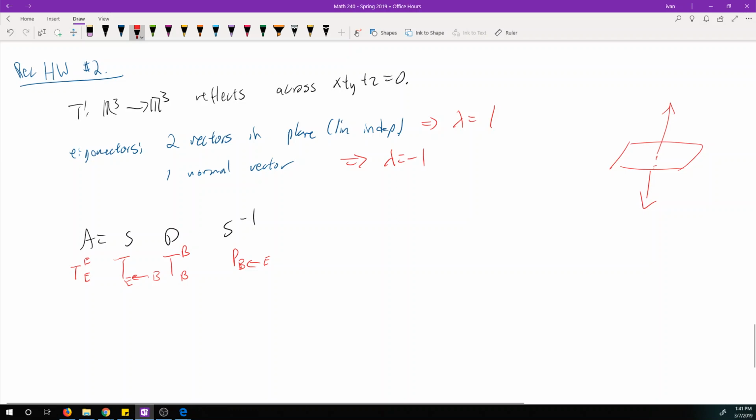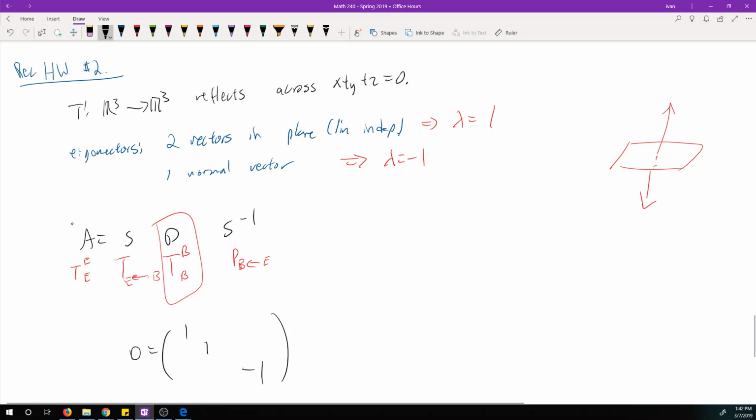So part A asks you to find the matrix of transformation relative to the eigenbasis, which is literally just the diagonal matrix. So in this case, you can just say D, and the diagonal matrix is just whatever your eigenvalues are. Since you have two vectors in the plane, 1 appears twice, and then -1 is the other eigenvalue.